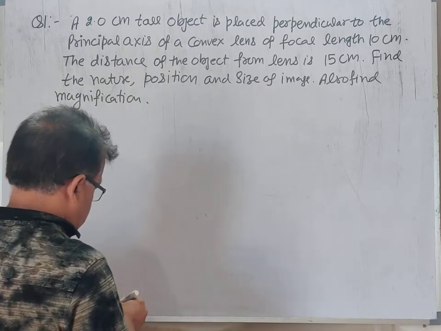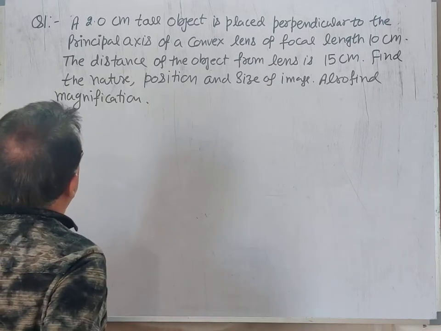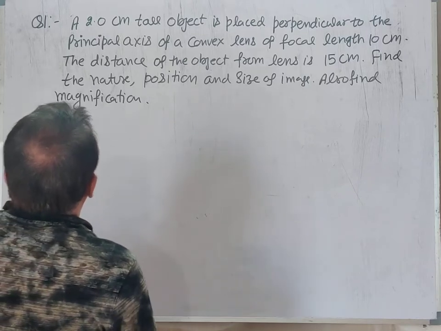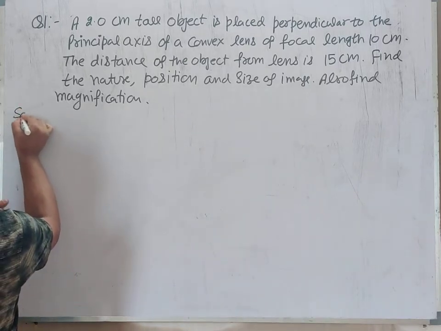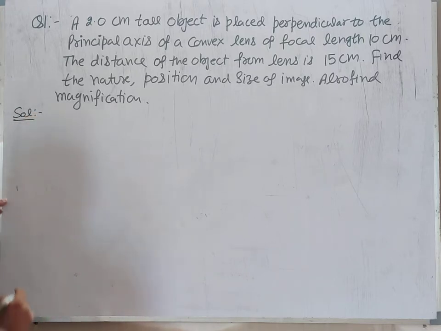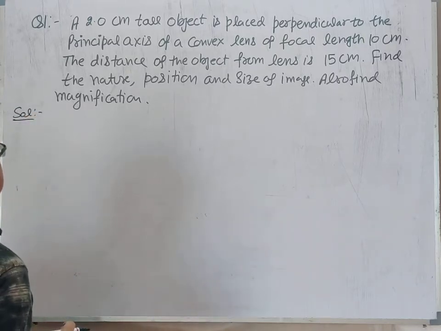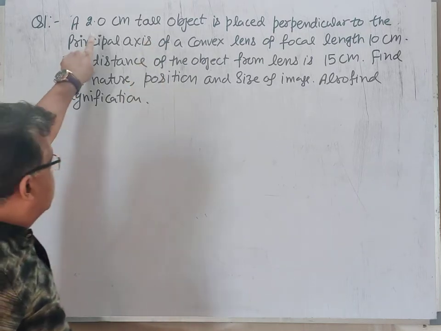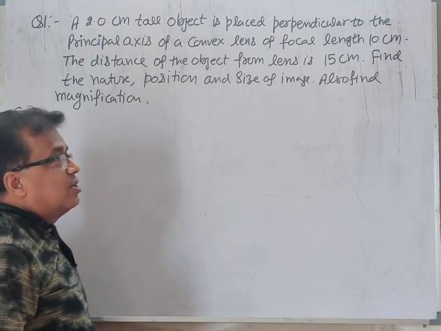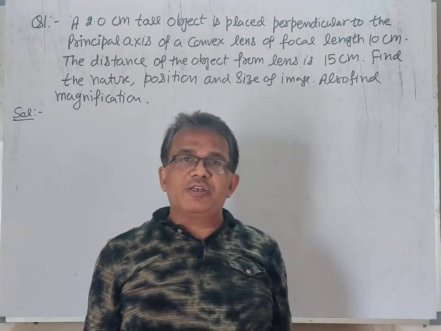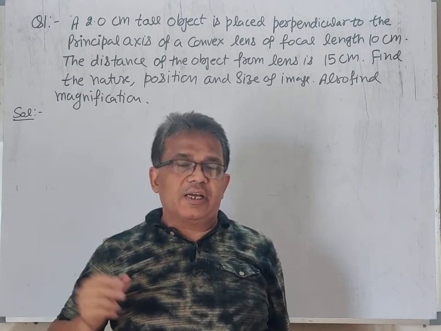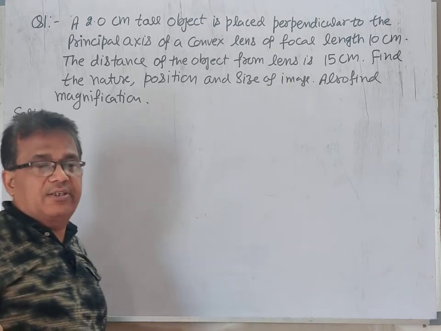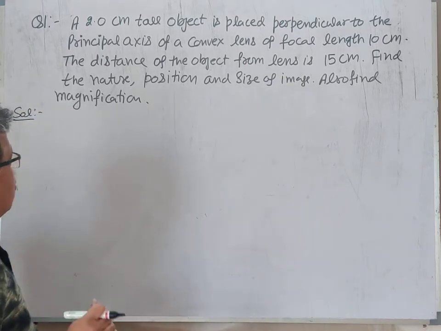In the solution, at first write down the data which are given. A 2 centimeter tall object. Tall means h. Sometimes we get confused between distance and size. Size, tallness, that is h or h dash, and distance, that is u or v.